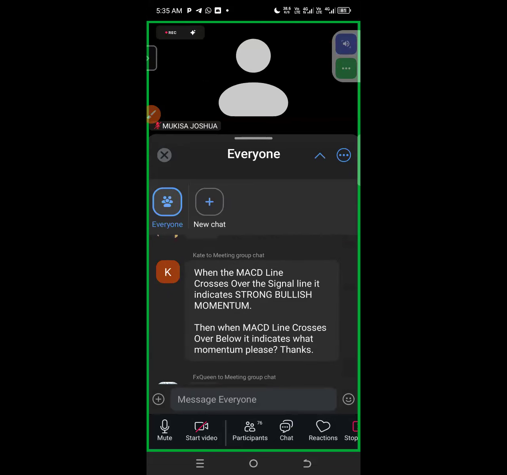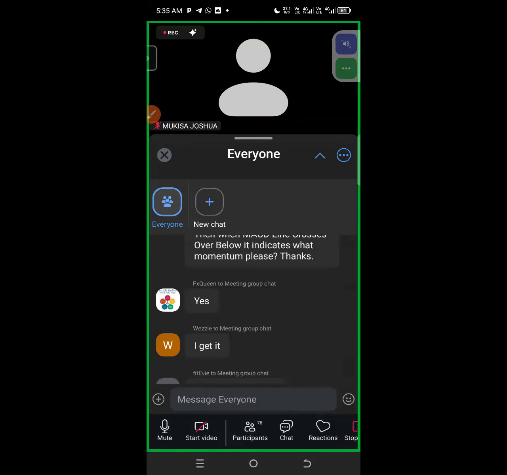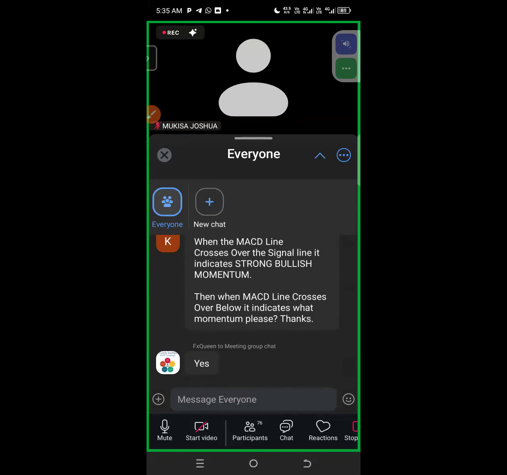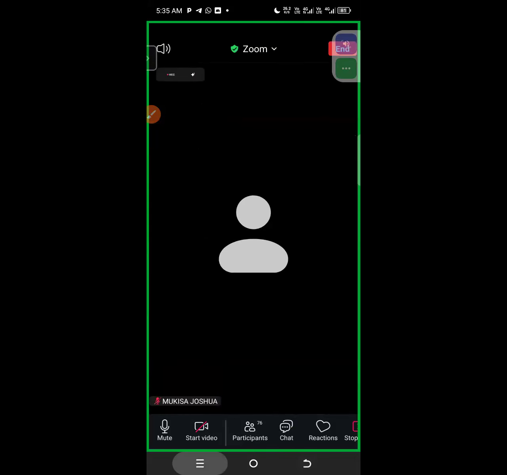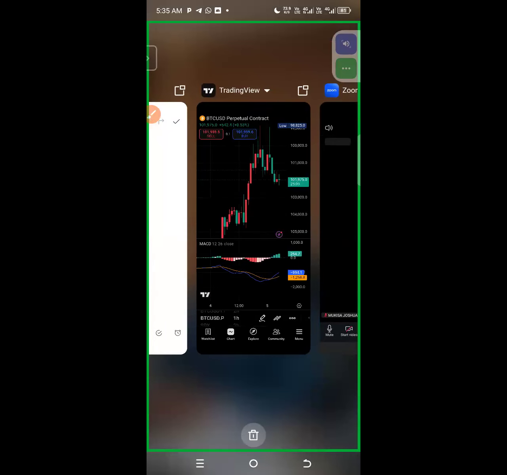So let me see. Crossover. When the MACD line crosses over the signal line, it's indicated as a strong bullish momentum. Then when the MACD line crosses over below, it's indicated as what? Okay. Now, this is the point of discussion.